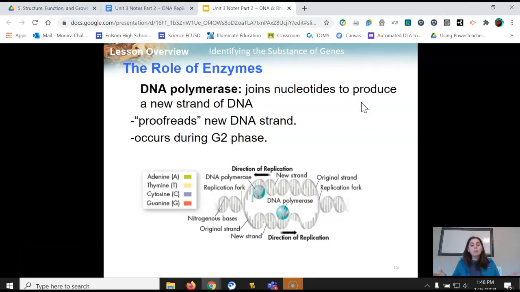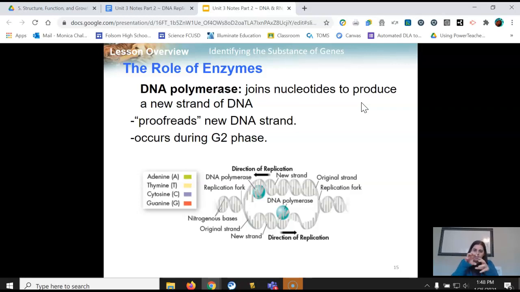Now, there's a couple of enzymes that are involved in this. The only one we're going to focus on today is DNA polymerase. The other one that is involved with this is helicase, and that's the one that unzips and causes the replication fork to form. But DNA polymerase is the one that joins the nucleotides to produce that new strand.